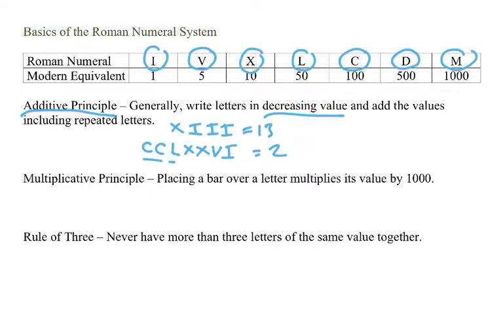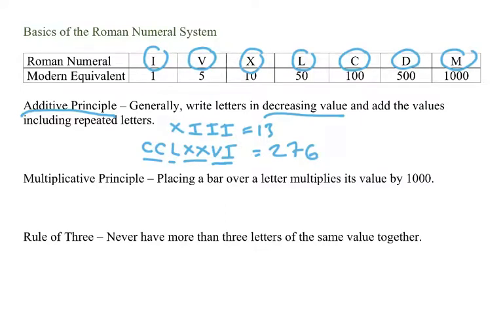It's followed by 2 X's. The 2 X's would represent 20. So 50 plus 20, see you're adding the values, would give you 270. And then finally, V is 5 and I is 1. You add those together as well. This represents the number 276. So you see that additive principle.